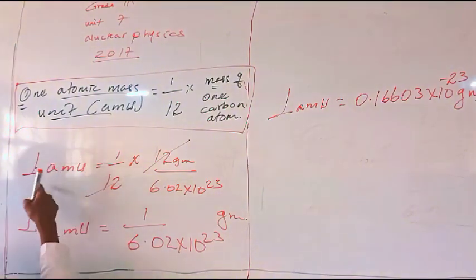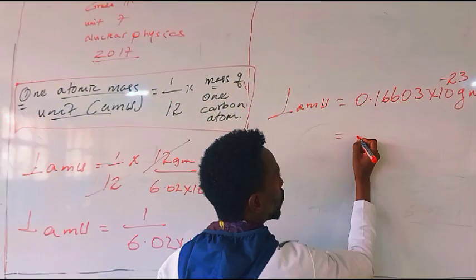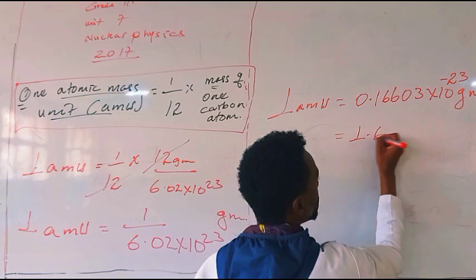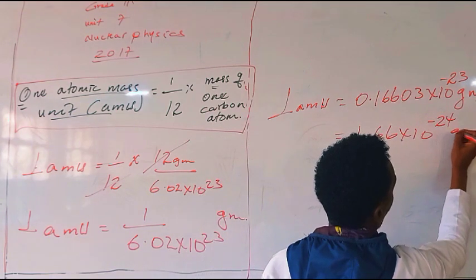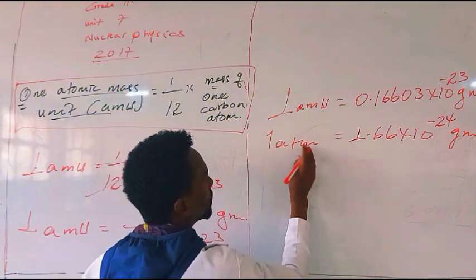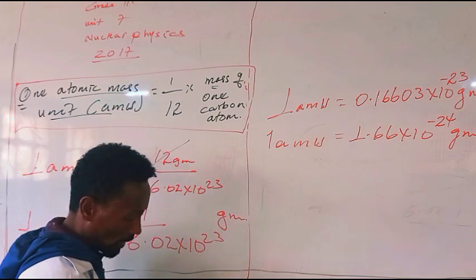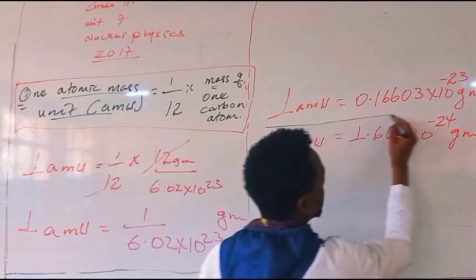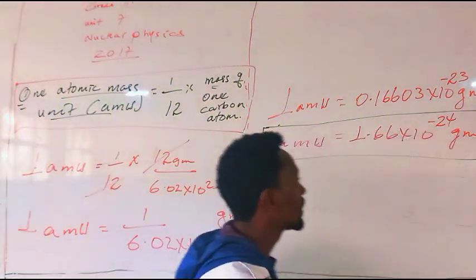Just to get the relation between atomic mass unit and gram or kilogram, make it 1.66 times 10 to the power minus 24 gram. This is one atomic mass unit. So this is the relation between atomic mass unit and the gram.